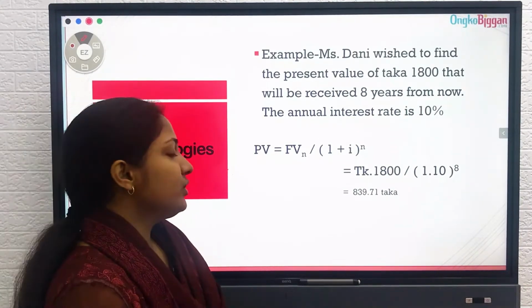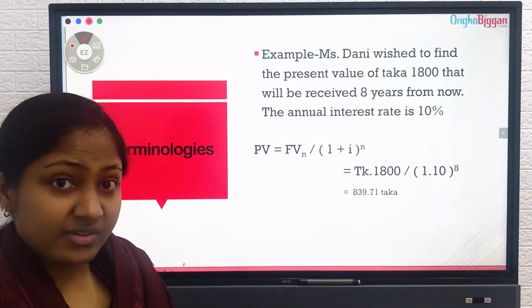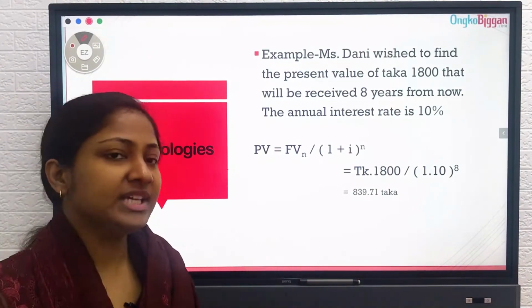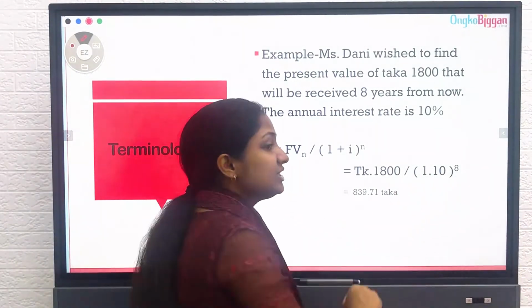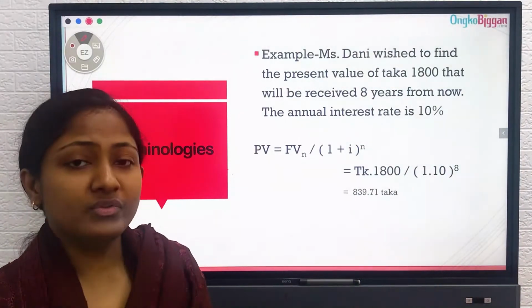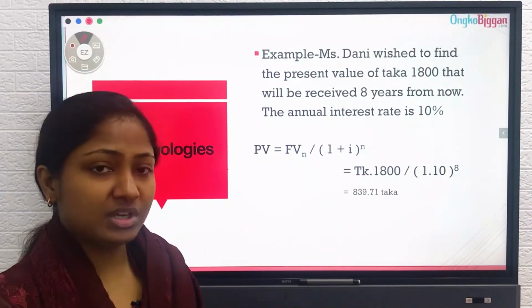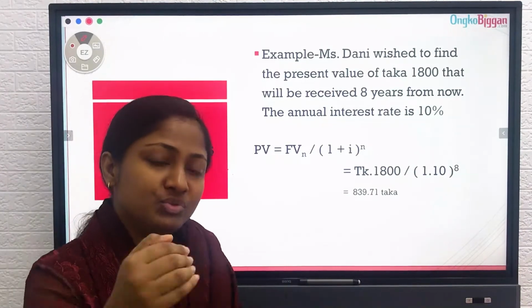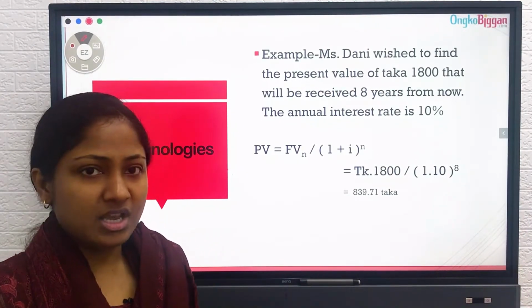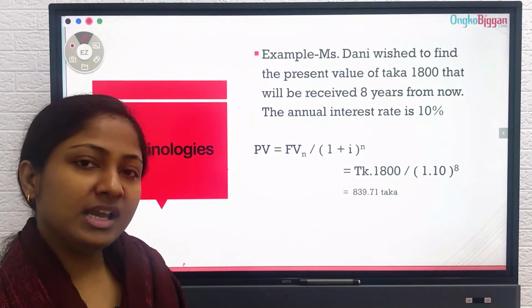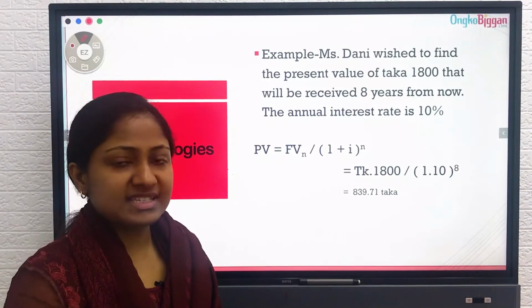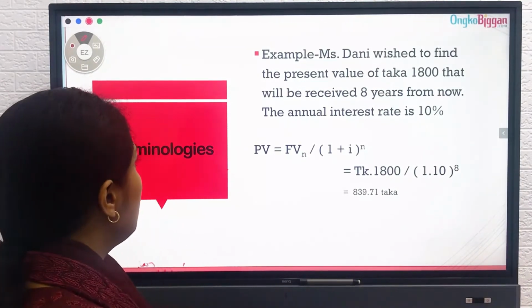So whenever we calculate present value, we will always discount this interest rate. We will not multiply this with the future value, because we are coming from the future to the present situation by our forecasting thought process, or we can just estimate this.